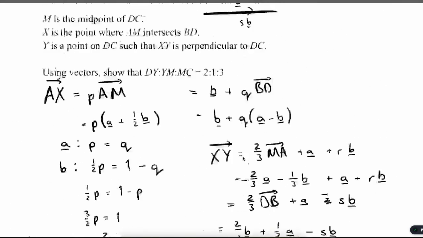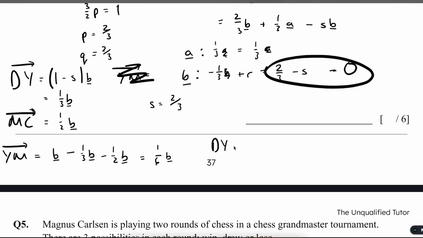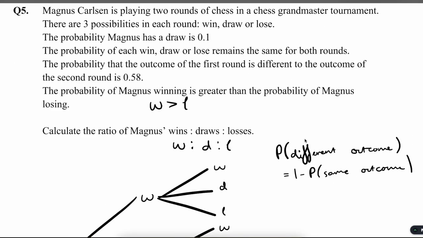So really, the ratio dy to ym to mc is the ratio 1/3 b to 1/6 b to 1/2 b, which, if you cancel out all the b's and multiply by 6, is the ratio 2 to 1 to 3.